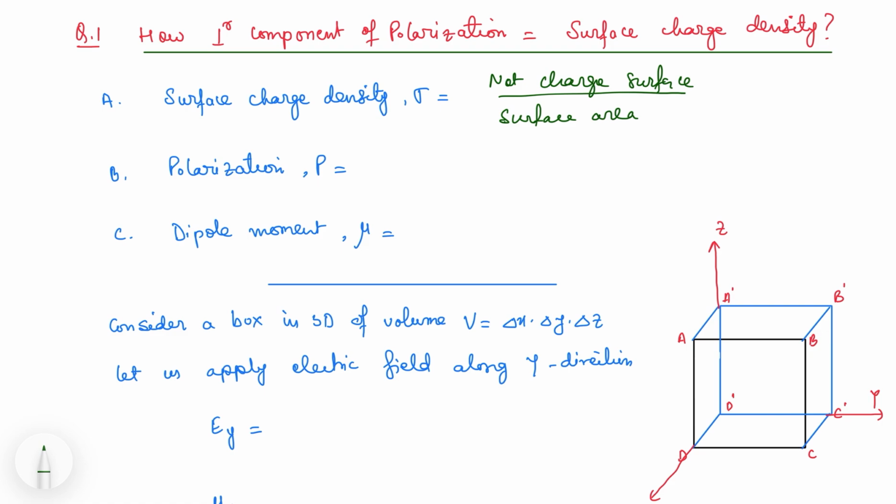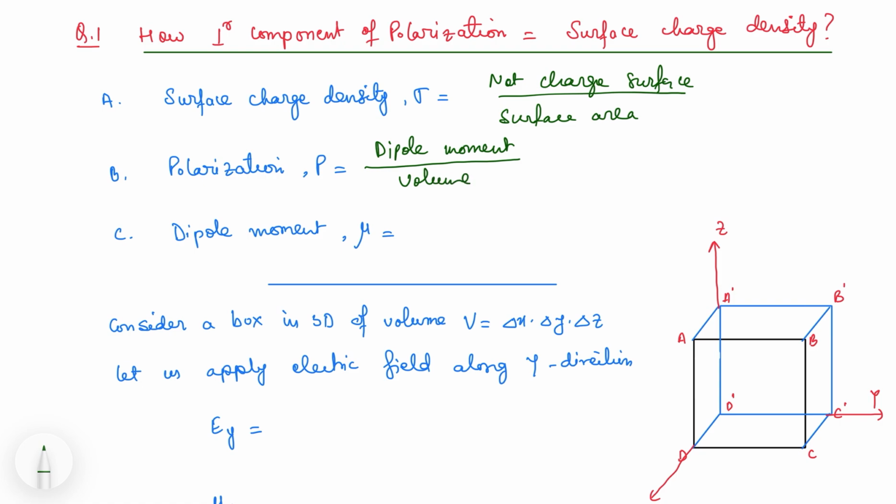We're not talking about light polarization here. We are talking about electronic polarization, and electronic polarization is defined by the separation of positive and negative charges. To quantify it, the definition is dipole moment per unit volume.